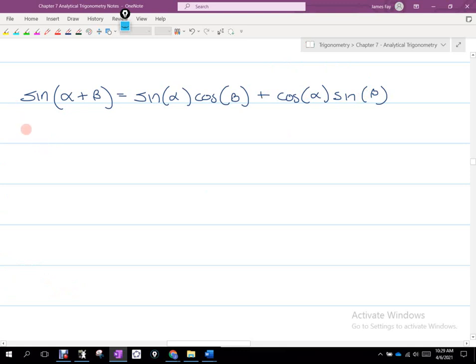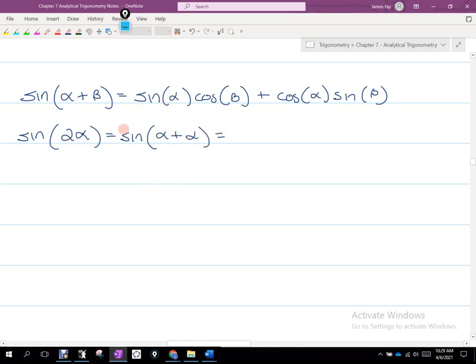Today, what we're going to be interested in is asking, well, what does sine of maybe 2 alpha or 2 beta look like? Okay, so here's my question. That's multiplication, right? Can you rewrite multiplication as addition? You can rewrite this as sine of alpha plus alpha, right?